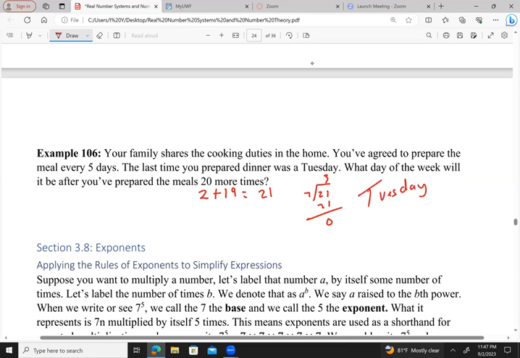Or is it Monday? Let's think about this. 100 days will have passed. So that's not what we're looking at. Scratch that.